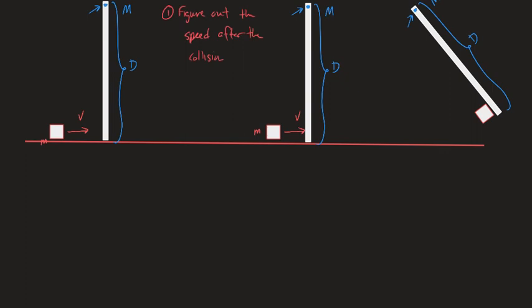So there's the part of the problem where these guys have stuck together, and there's the part of the problem just before they've gotten into contact. So here to here is, I think, question one, where before the collision just the block is moving, and after the collision all of this is moving, but it hasn't quite started to swing upwards yet.